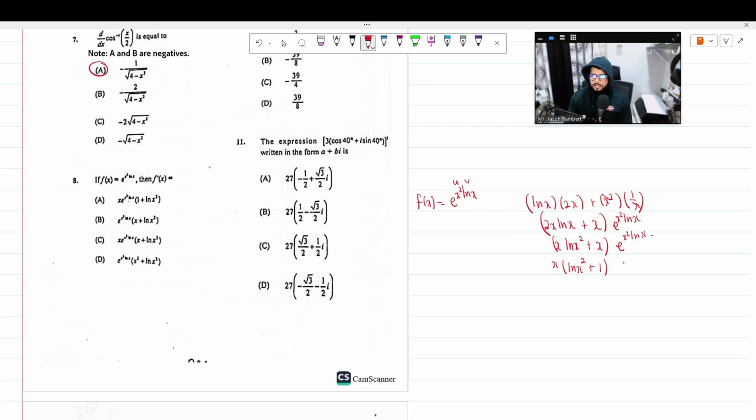Yeah, the x, right? e to the x squared ln x. So x e to the x squared ln x, because I multiplied these two together. And in the brackets we're going to get ln x squared plus 1. So x e to the x squared ln x, looking like this here and this here. But I'm looking for ln x squared plus 1, which is indeed E.